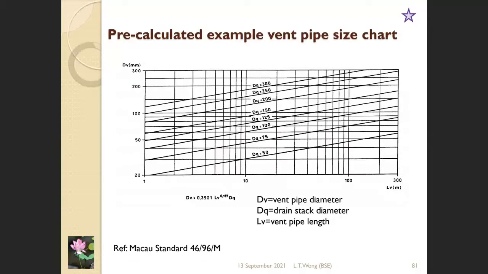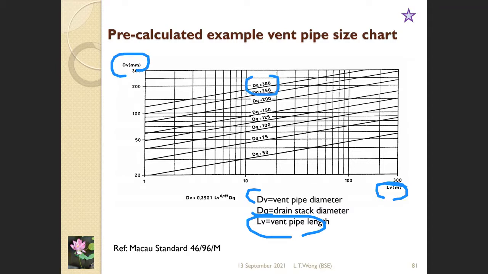Here I quote another example, our sister city, Macau. LV is not a brand name, it's the vent pipe length. Ventilation pipe up to 300 meters, Macau. Then the general stack diameter and vent pipe diameter are shown here.